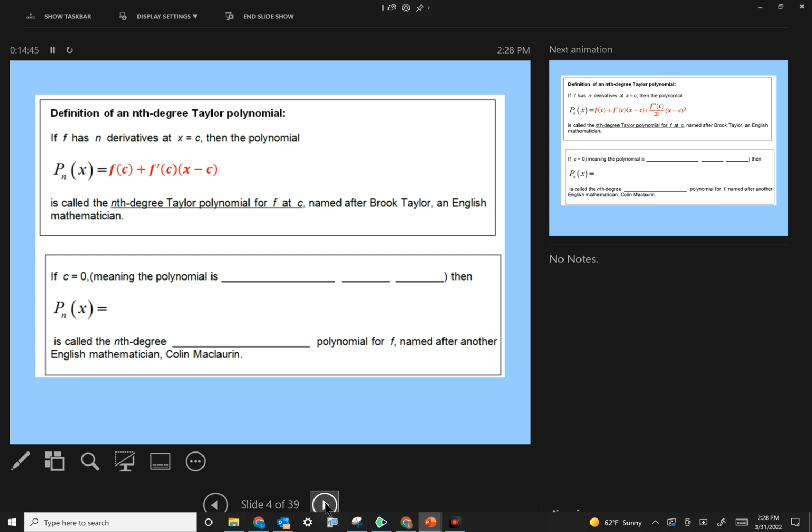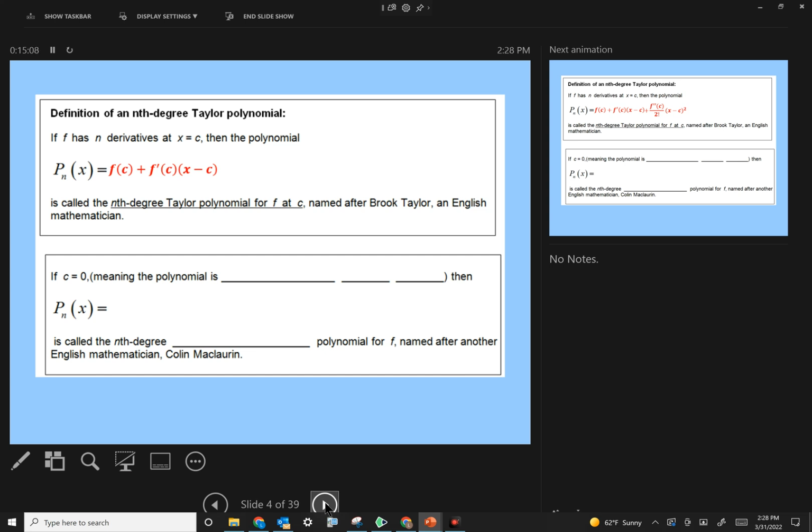Isn't that just the equation of a line? What does f prime of c stand for? Isn't that just the slope? Right? In fact, isn't that kind of like a y minus y1? Isn't this the y value at c?